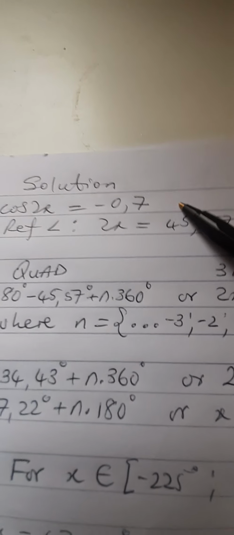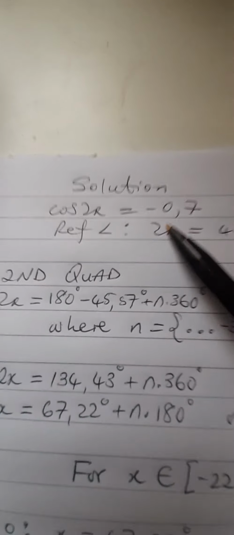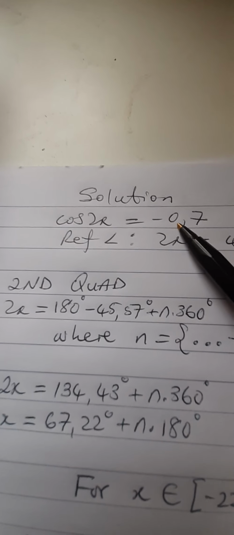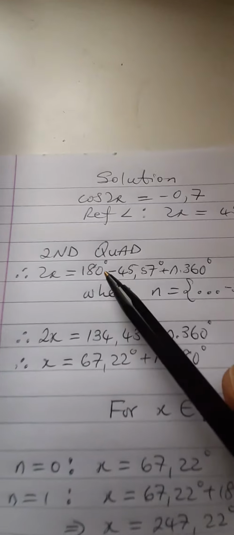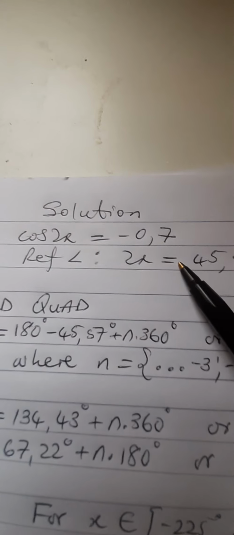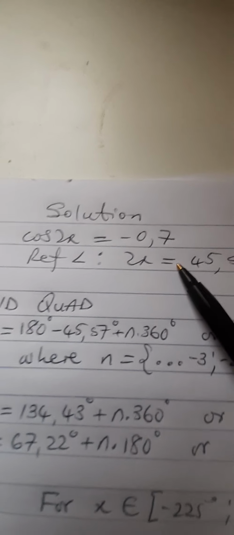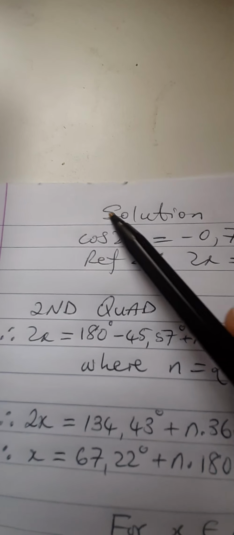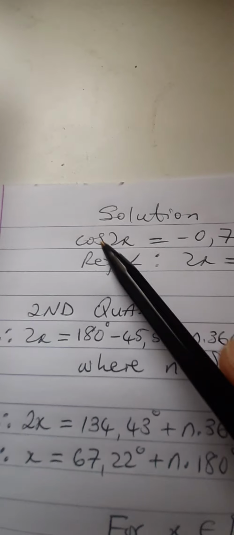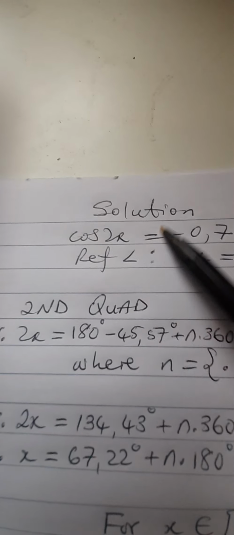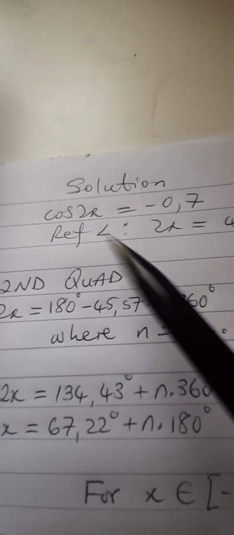The cos of 2x is equal to negative 0,7. Because our cos is negative, it's going to be in the second and the third quad. Therefore, we need a reference angle. The reference angle is going to be 2x. We take the whole angle, all the time. Therefore, 2x is going to be 45,57 degrees.